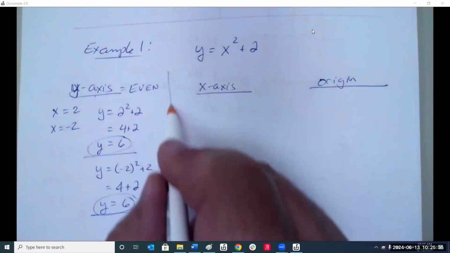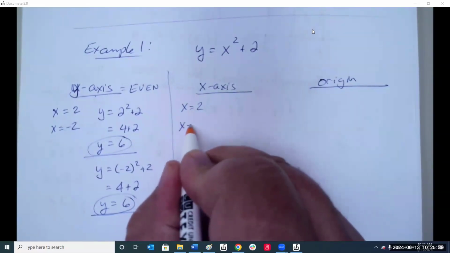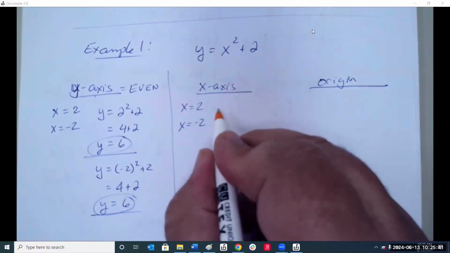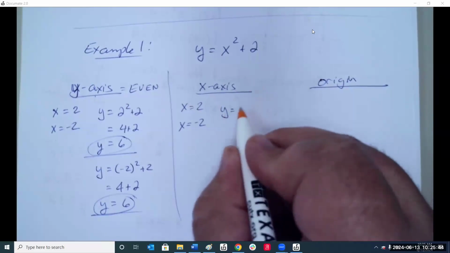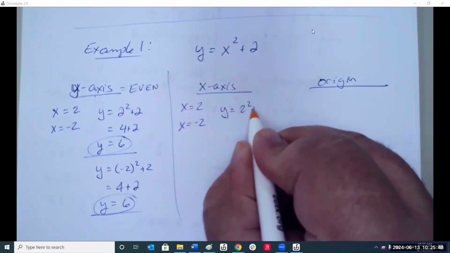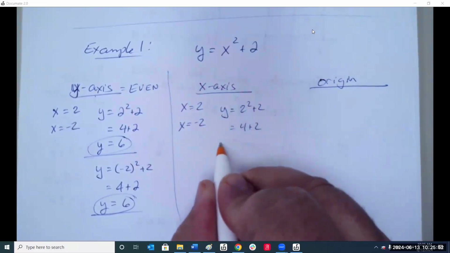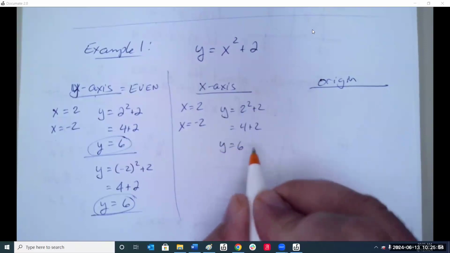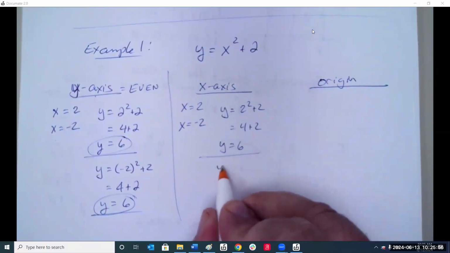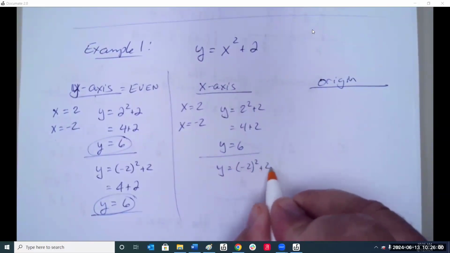Is it symmetric about the x-axis? Again, pick two numbers, positive and negative. Two squared plus 2, 4 plus 2. -2 squared plus 2.